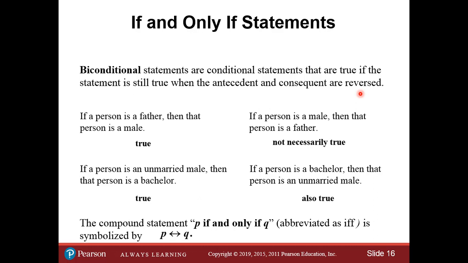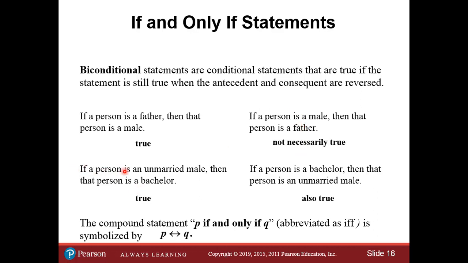Okay? If a person is a father, then that person is a male. Okay? But if a person is a male, then the person is a father is not necessarily true. This is necessarily true. This is not necessarily true. You can be a male and not be a father, right?